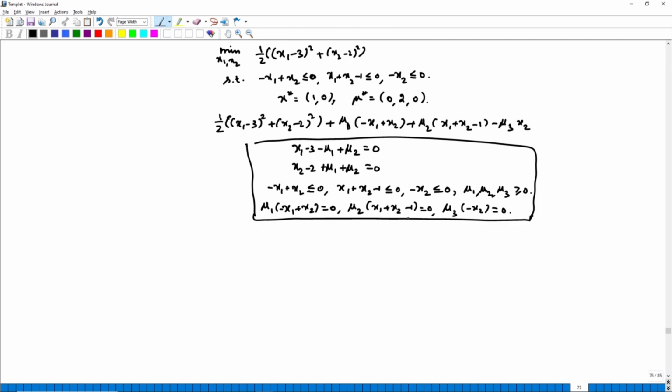And x1 plus x2 is equal to 1, so that means mu 2 can be greater than 0, and it is greater than 0 here too. And x2 is also 0, so mu 3 is greater than or equal to 0, but it happens to be 0 here. This just justifies that the Lagrange multipliers 0 comma 2 comma 0 are the correct Lagrange multipliers.